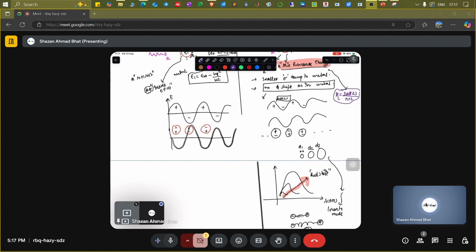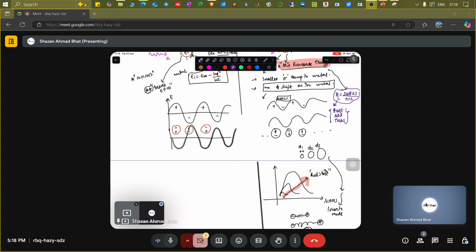And there can be different efficiencies: scattering efficiency, absorbing efficiency, maybe transmitting efficiency. These efficiencies have different numbers, and they denote how efficient a nanoparticle is in absorbing or transmitting.